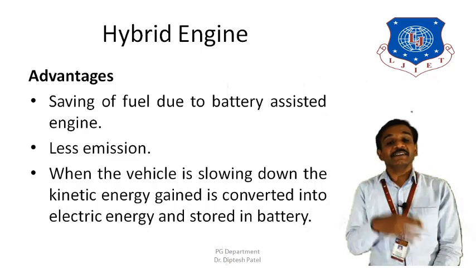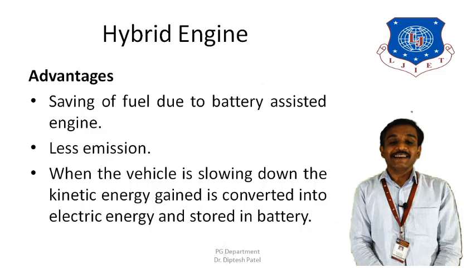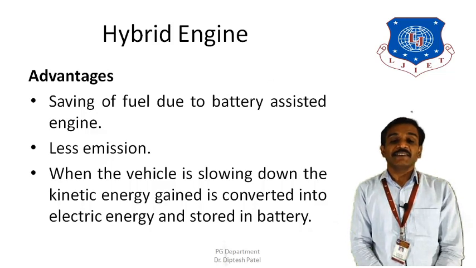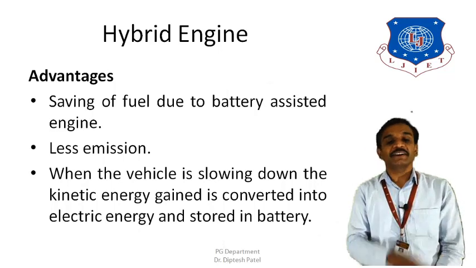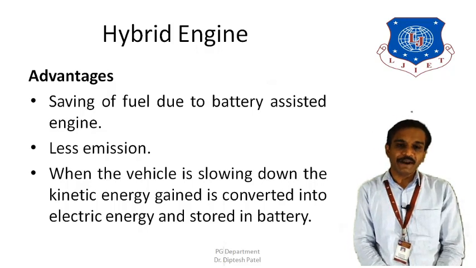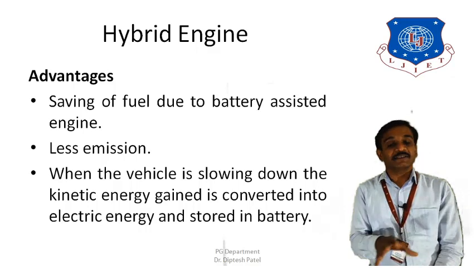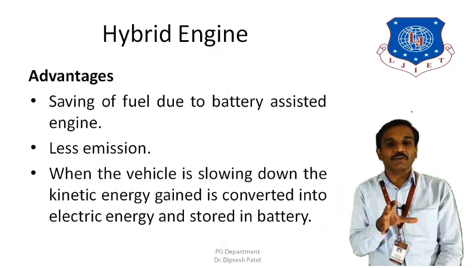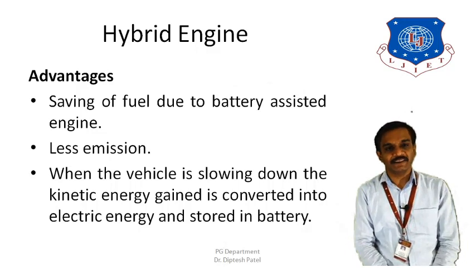It can get recharged by itself, especially during deceleration, when the vehicle is slowing down. All the momentum, all the kinetic energy that the vehicle has can be converted into electric energy, and that energy is stored in the battery. So it does not need to be charged at every stage, right? It also gets charged with the help of deceleration and braking.